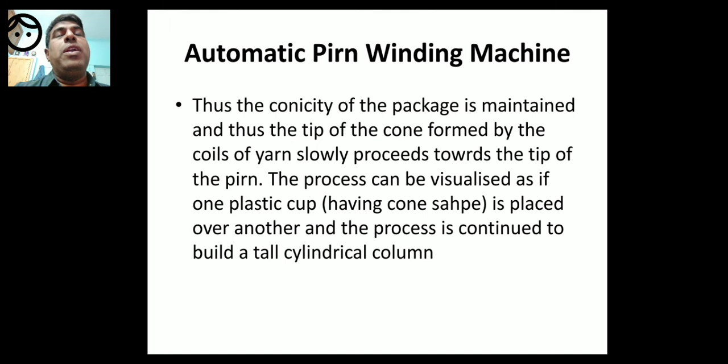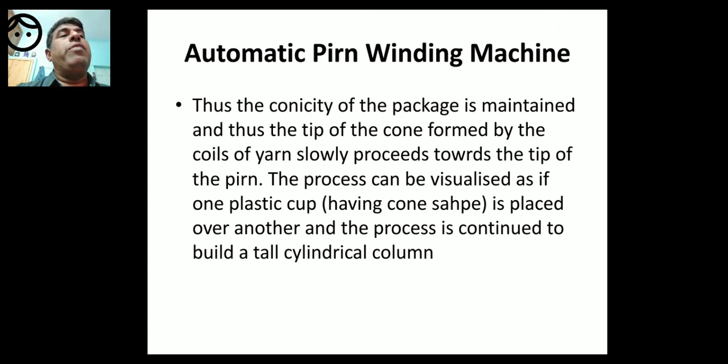I hope now you understand the point. So that's how the coils of the yarn are placed. This process can be visualized like this. That's what the book author says.